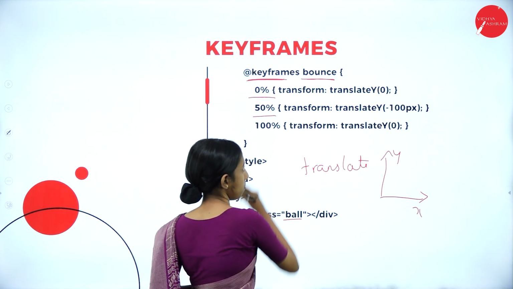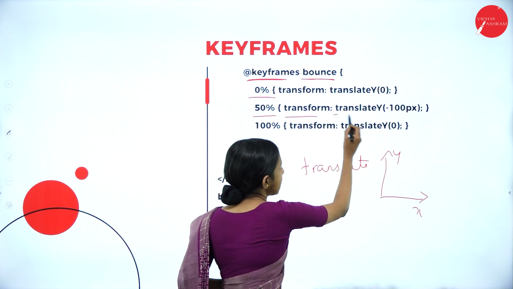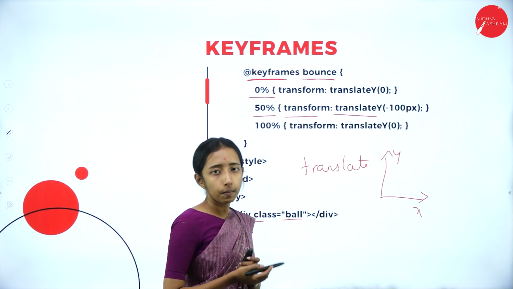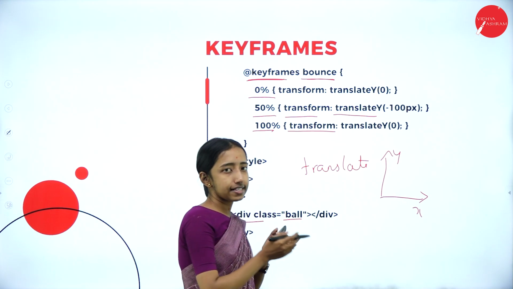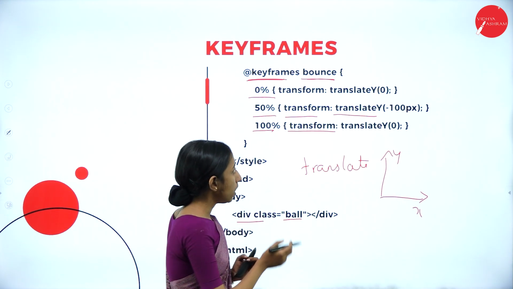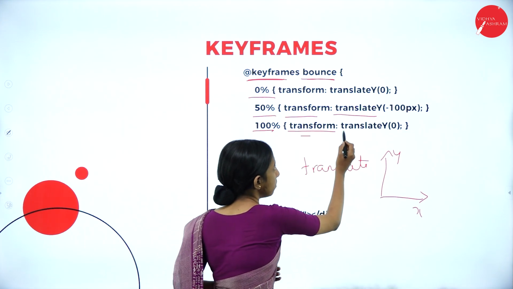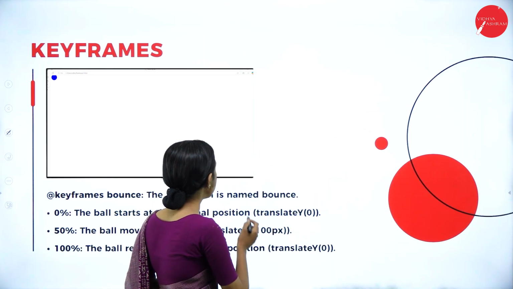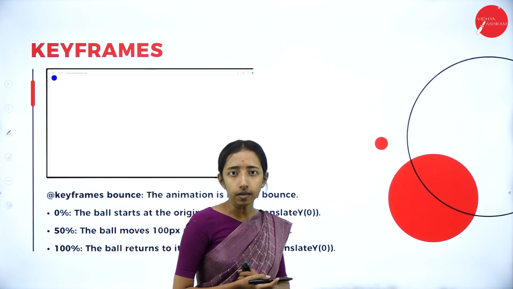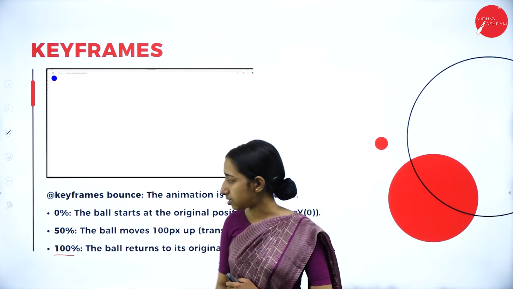Next, at 50%, I am taking the middle: translateY minus 100 px. At 100%, translateY 0. So again at the end I am saying translateY with a 0. So here you can see the 0%, 50% and 100%.